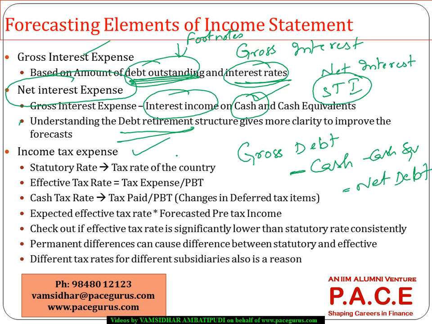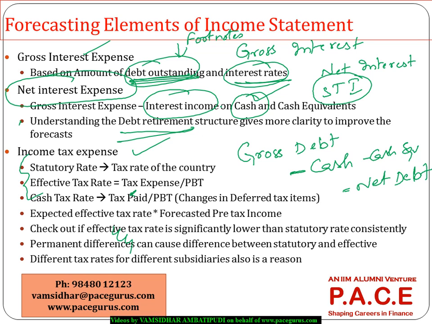And finally, one more aspect that needs to be looked at in the forecasted financial statement is the income tax expense. What kind of tax rate do I need to take? Generally, we talk about three types of tax rates. A statutory rate, which is primarily the tax rate in that particular country.